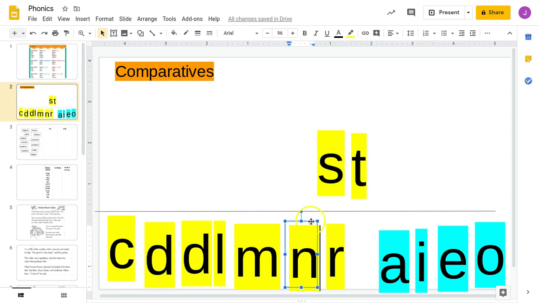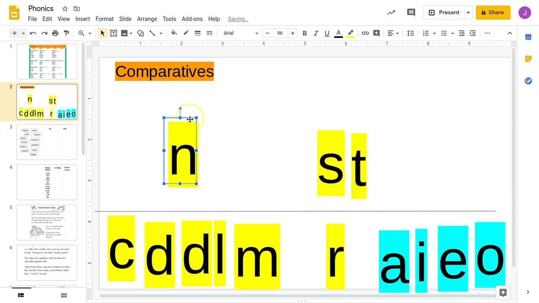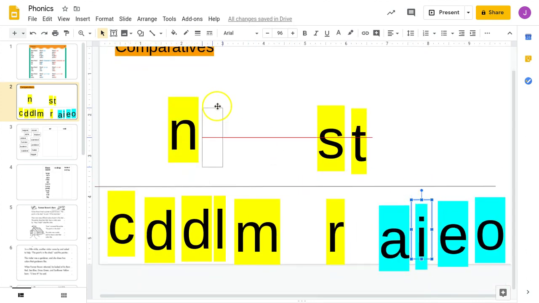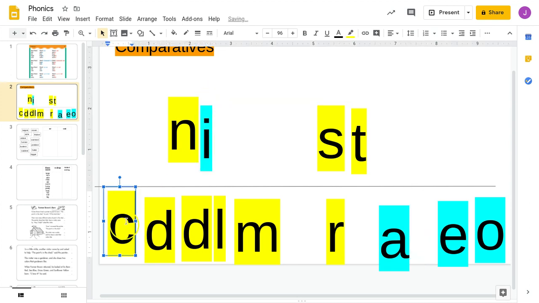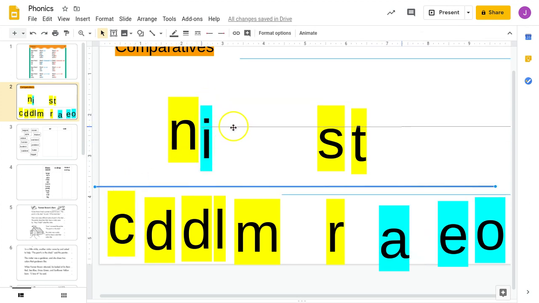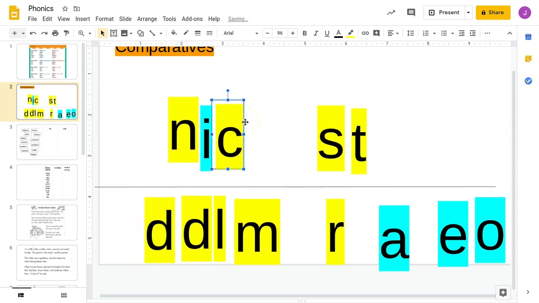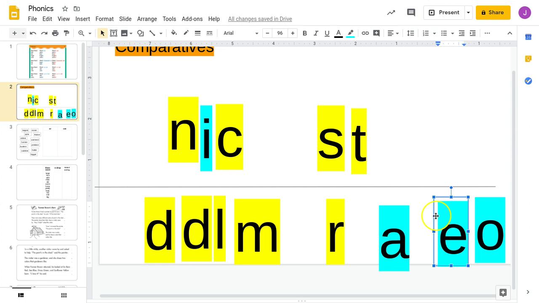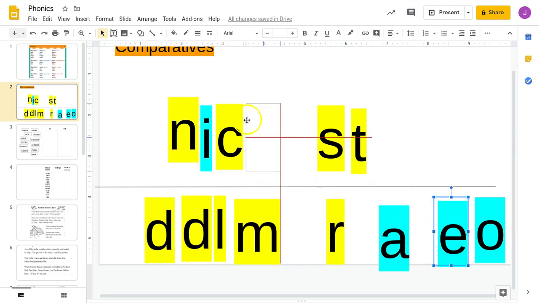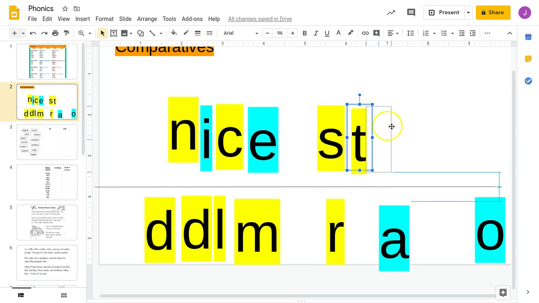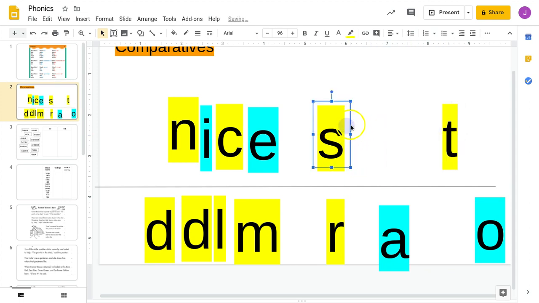So I hear and I know that the sound ice is I-C-E. N-I-C-E. Nice. Now I don't need my ST right now, so I'm just going to move that to the side.